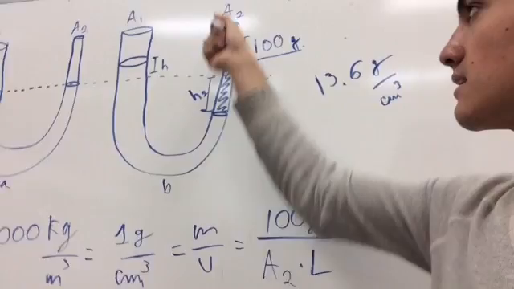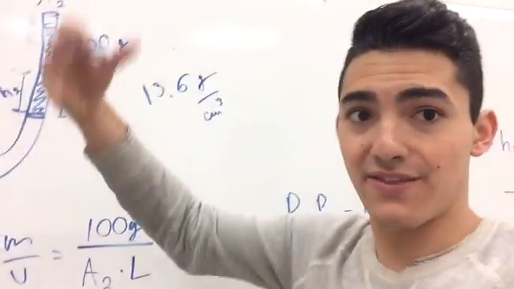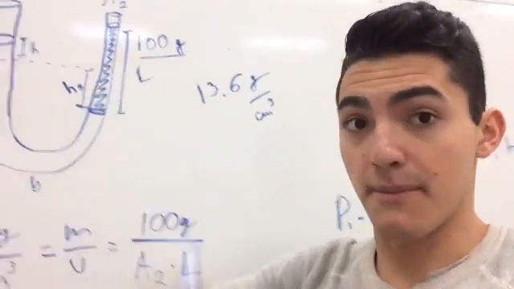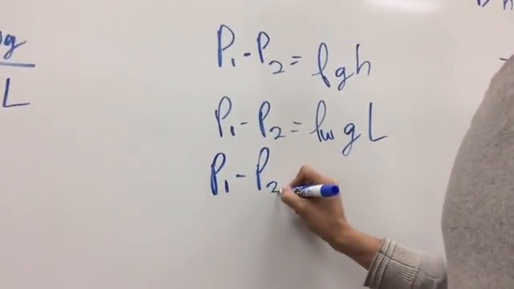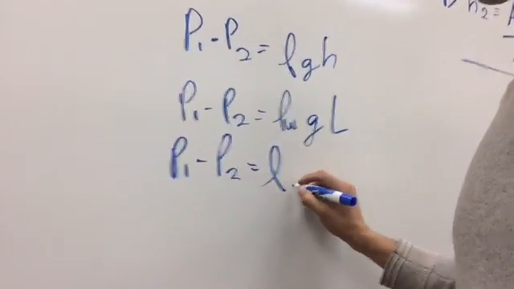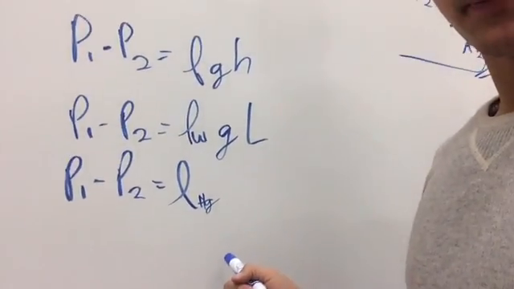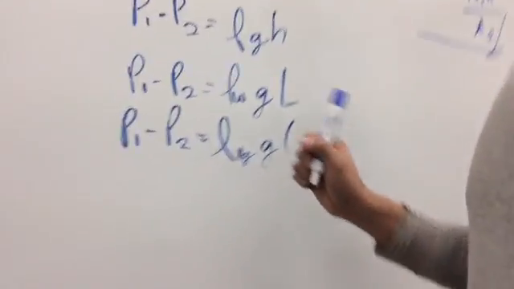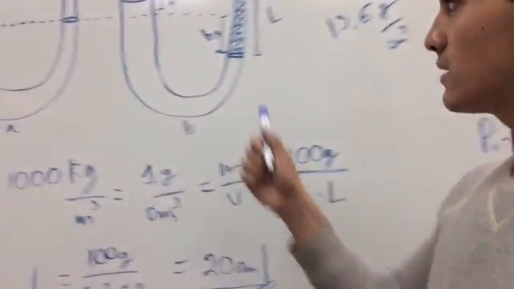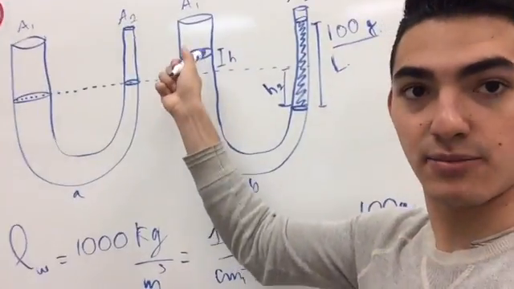Because it's all the part that is pushing the mercury, okay? And from the other side, pressure 1 minus pressure 2 equals the density of the mercury, I'm going to write it like this, the mercury times the gravity times, and here is the important part, because it's not only this part that is affected.